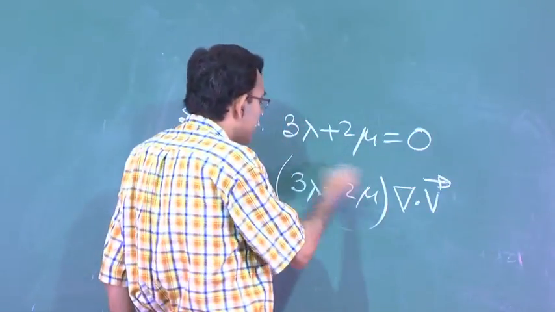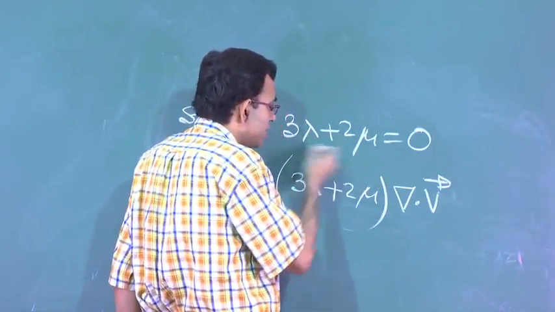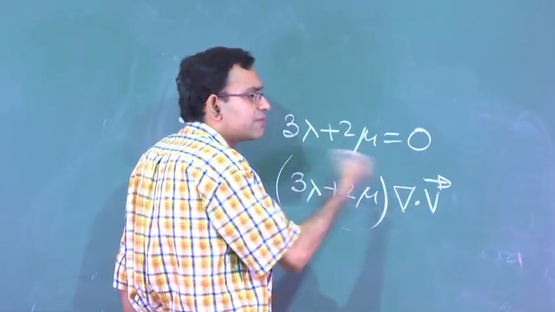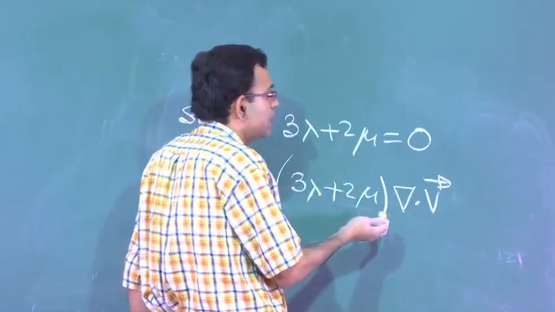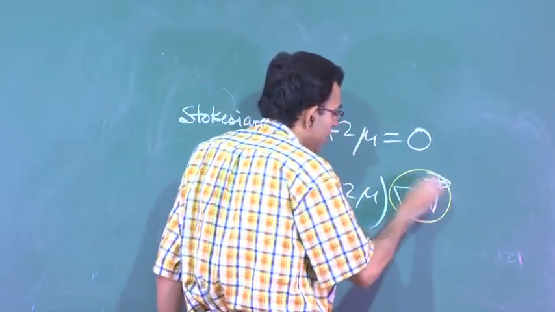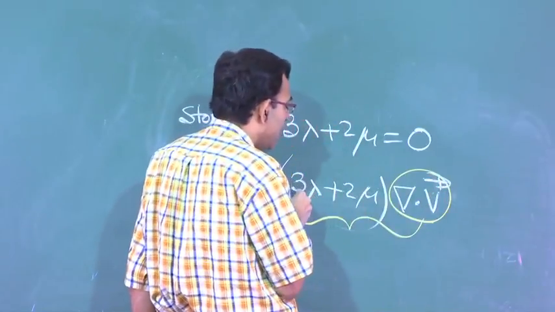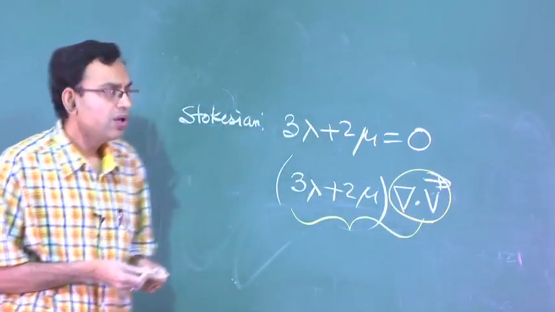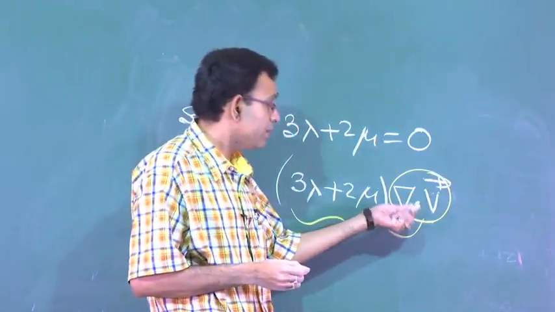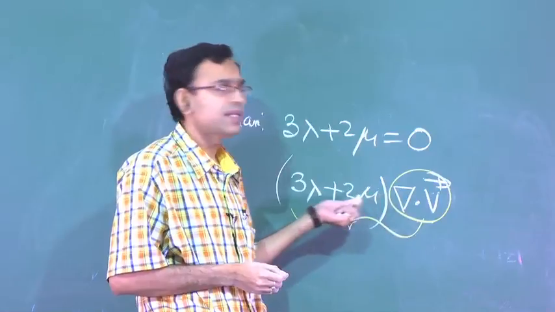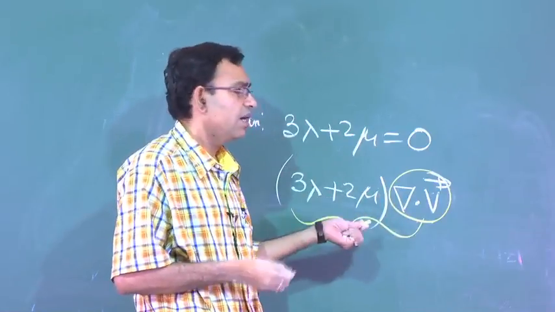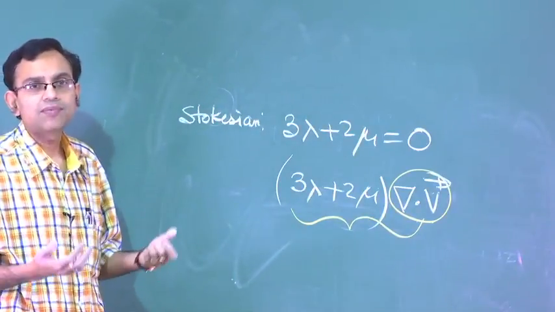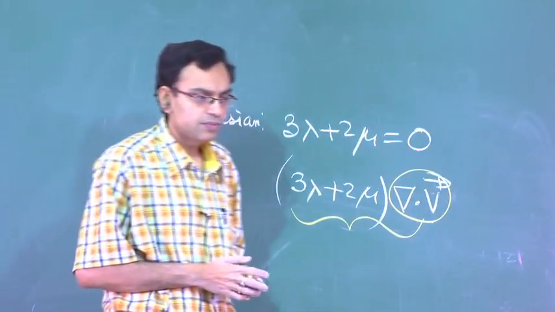Of course, it will be satisfied, the Stokes hypothesis will be satisfied, but even if the Stokes hypothesis is not satisfied, we will not care, because if this is 0, the product of these two will be 0. So, whether lambda is minus 2/3 mu or not really does not matter. So, for an incompressible flow, even if the fluid is non-Stokesian, you will still get the same version of the Navier-Stokes equation that we get for the Stokesian fluid.